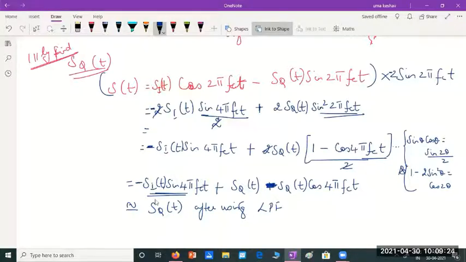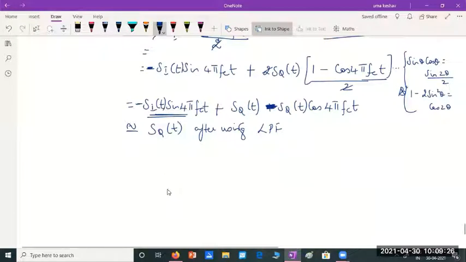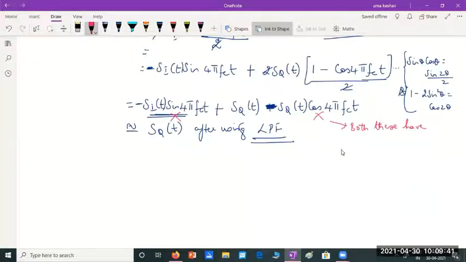So what would you get after using a low pass filter? Once I use a low pass filter, this component gets eliminated, this component, because both these have their spectra at which frequency? 2fc.